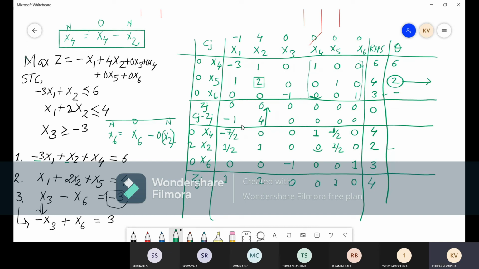Okay, and then going for Cj minus Zj: minus 1, minus 1, it will be minus 2. 4 minus 2, it will be 2. 0, right?